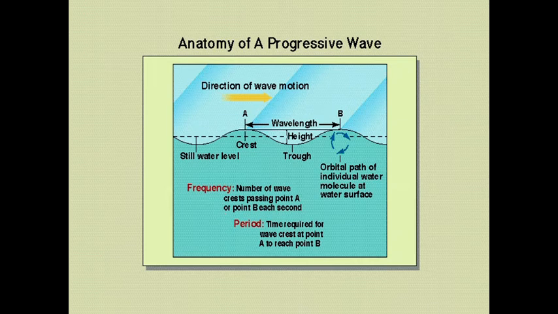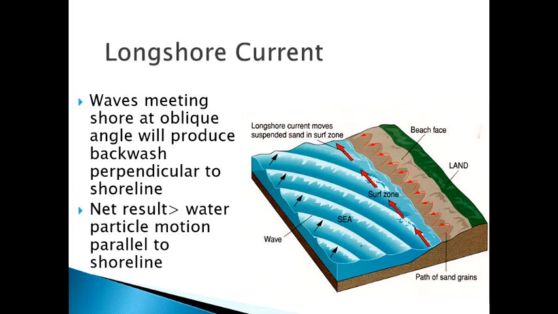We have this interesting phenomenon called the longshore current to think about. In a longshore current, you have waves that are meeting the shore at some oblique angle, like the cartoon is showing. Sometimes it looks like waves are coming in right parallel to the line of the shore, and sometimes they do, but generally there is some angle between the two. What happens is the waves crash in at that angle, and then the backwash is perpendicular to the shoreline.